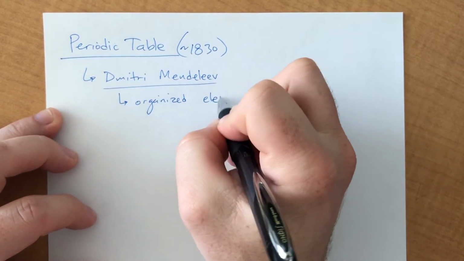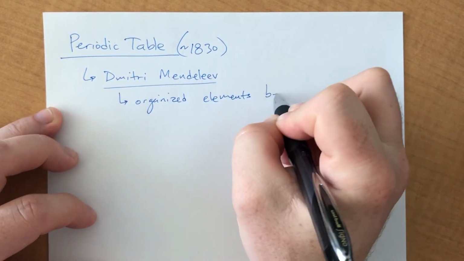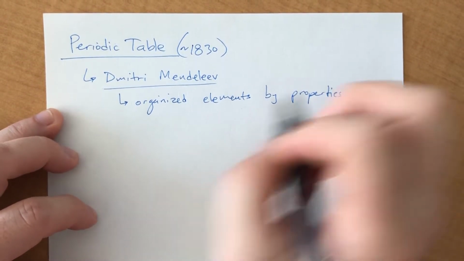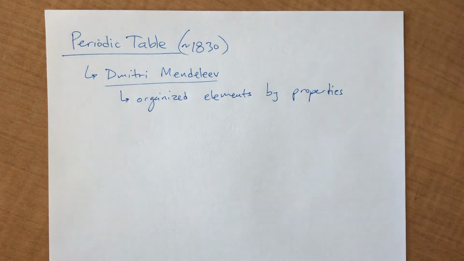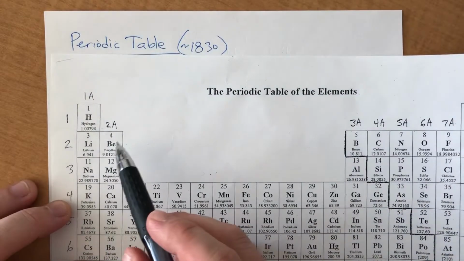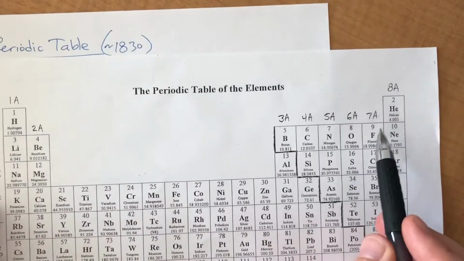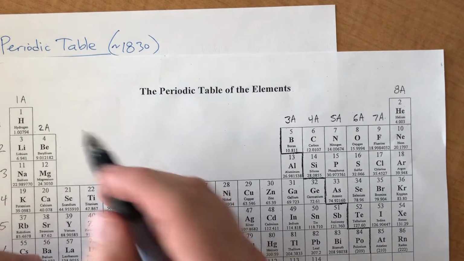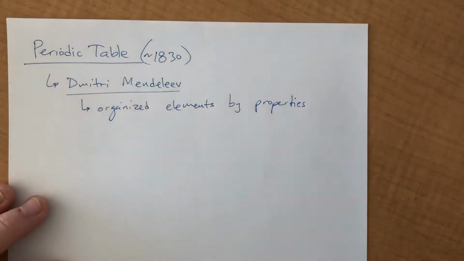He organized elements by properties. He listed them by weight, the lighter elements first, the heavier elements later. If we look at these little decimal numbers, we see it's 1, 4, almost 7, 9. It's still approximately in that order.